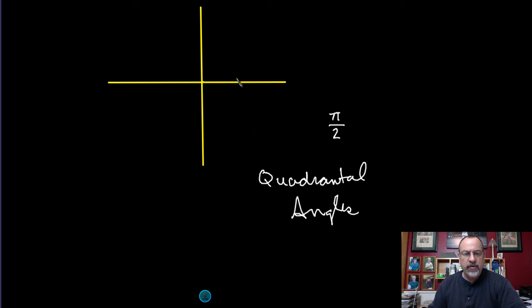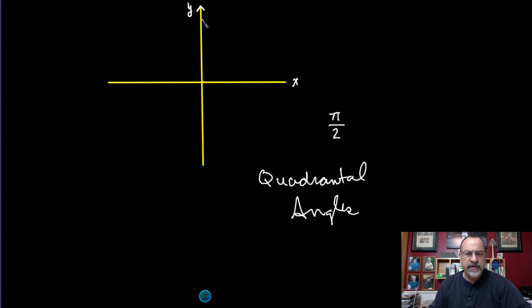And the problem with these quadrantal angles is that when we take a terminal side and we begin here at the initial and we rotate it 90 degrees, the terminal side is going to fall upon one of the axes. So for this example, pi over 2, the terminal side is this positive y-axis.